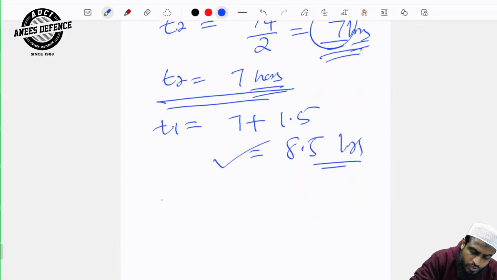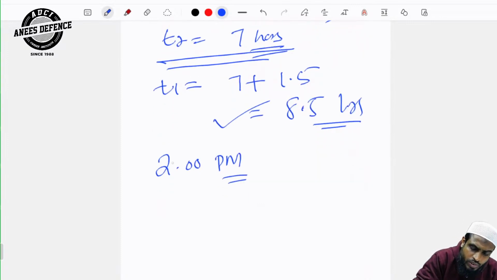For example, the first train started at 2 o'clock, 2 p.m. The first train travels the distance in a time of 8.5 hours.